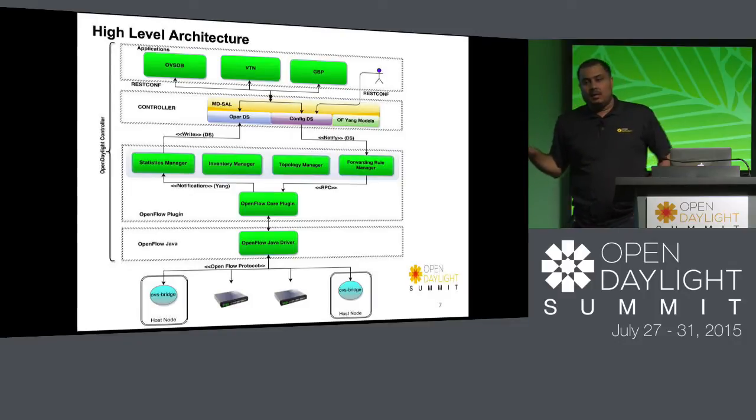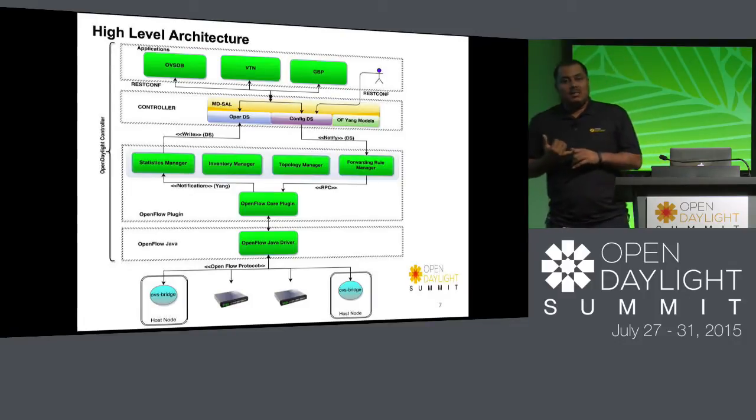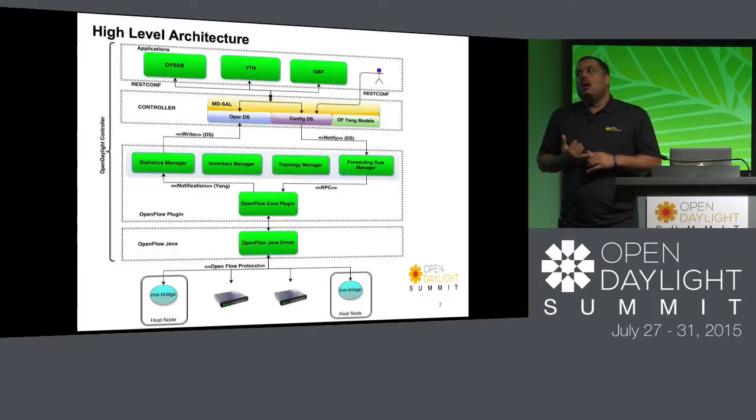Yang models. OpenFlow exposes Yang models that define groupings, basically a model for OpenFlow constructs. It defines RPCs, and it defines notifications. Let me give you one simple example of a notification. Whenever any port goes down on a switch, the switch sends an async message saying my port is down.